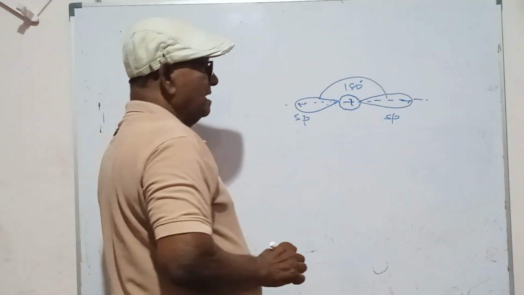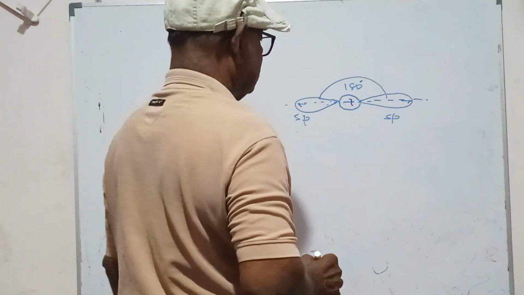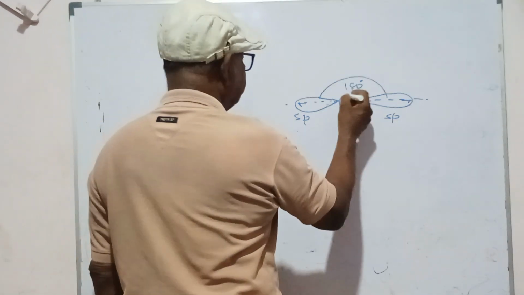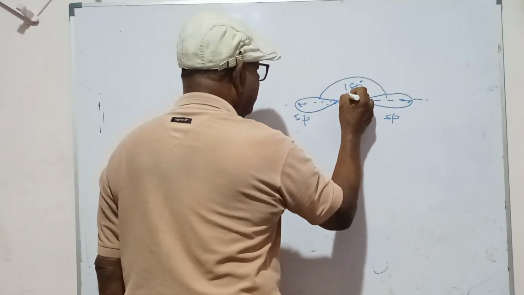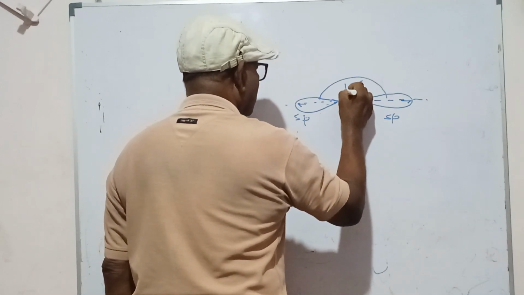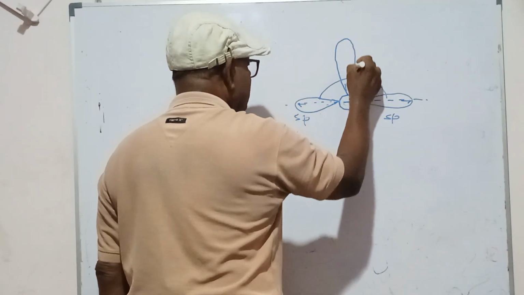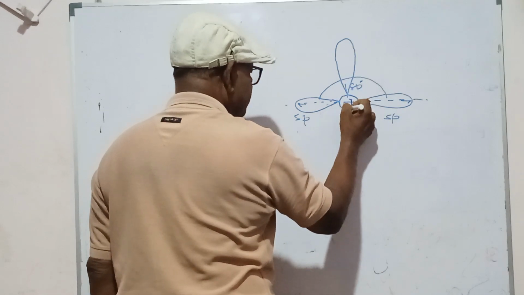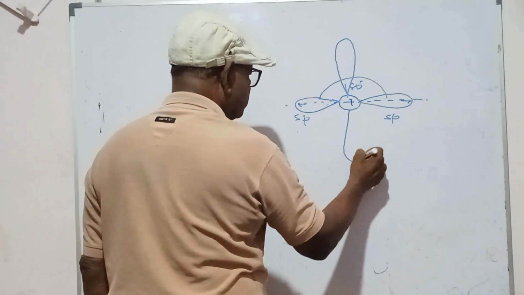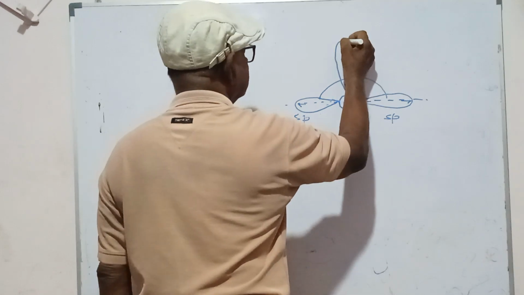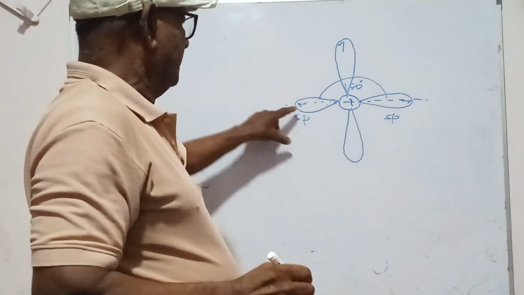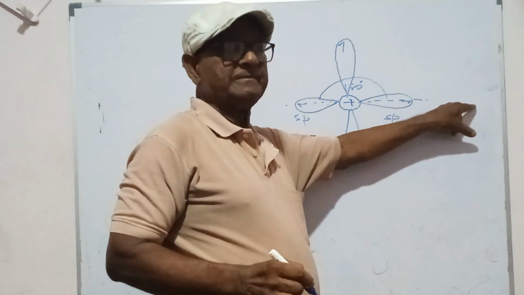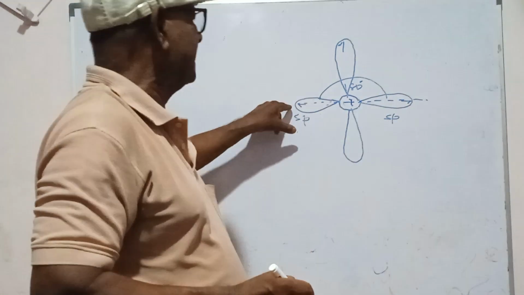Then the other two are arranged perpendicular to the hybridized orbitals. One unhybridized p orbital has two lobes, and the electron is arranged perpendicular to that plane.